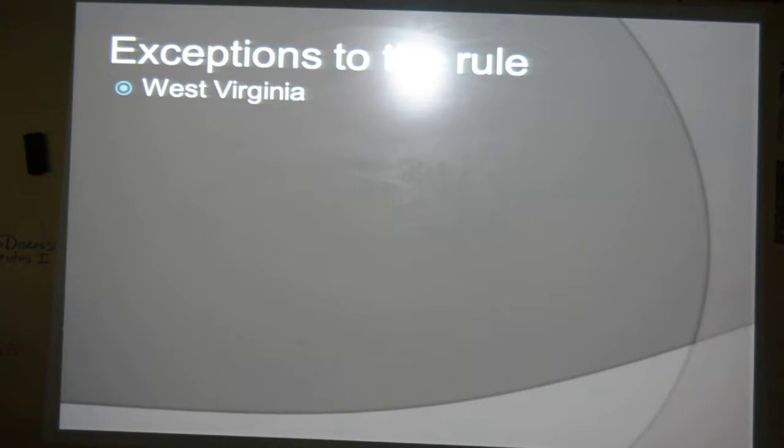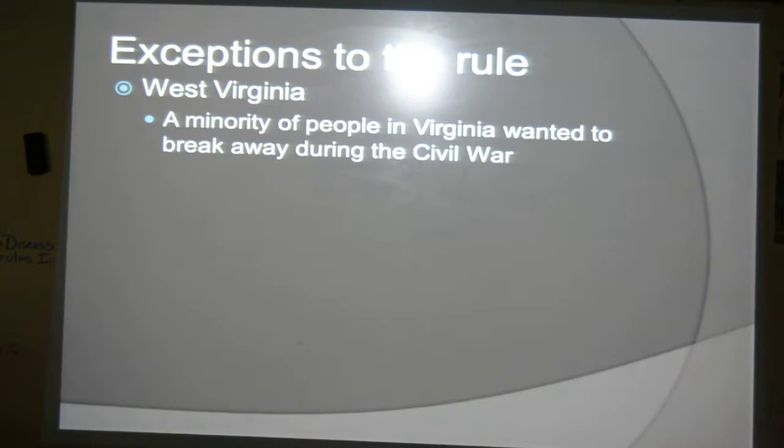An exception to the rule. West Virginia. During the Civil War, people in that area wanted to break away. So the government said, hey, you're representing Virginia, you're giving us permission, we'll make you your own state.